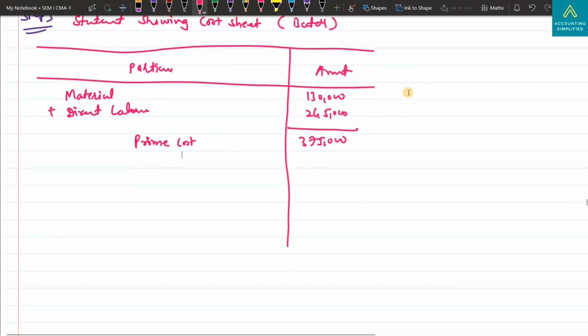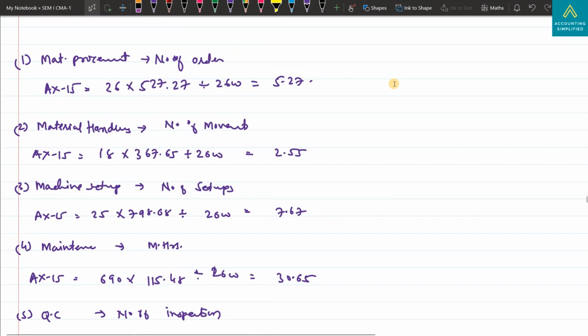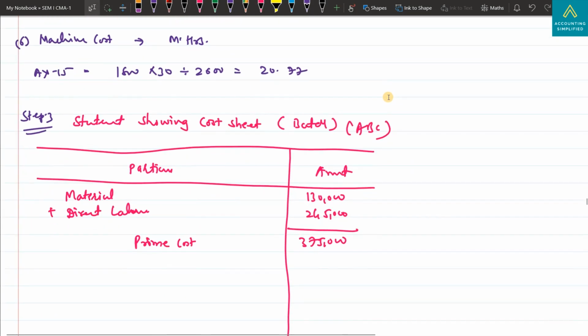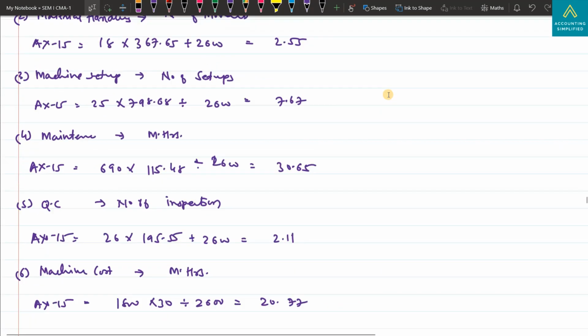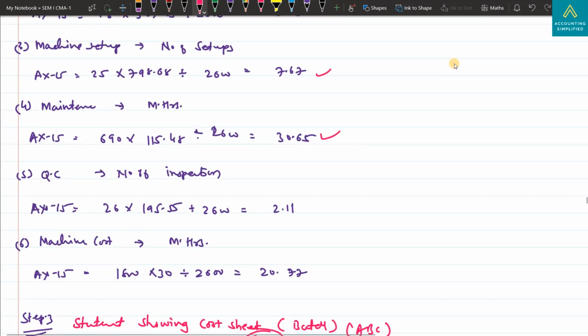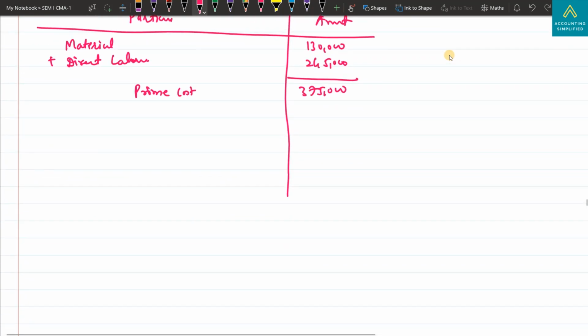Now we are using activity based costing, and these are the rates per unit. We have 2,600 units, so we have to multiply 2,600 with each and every step. I have already done it, so I am doing it for you.